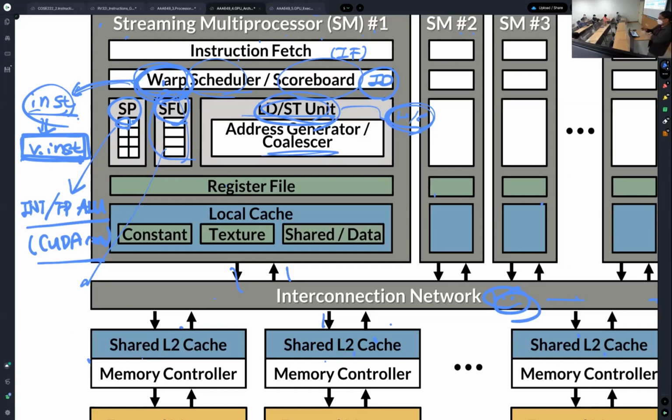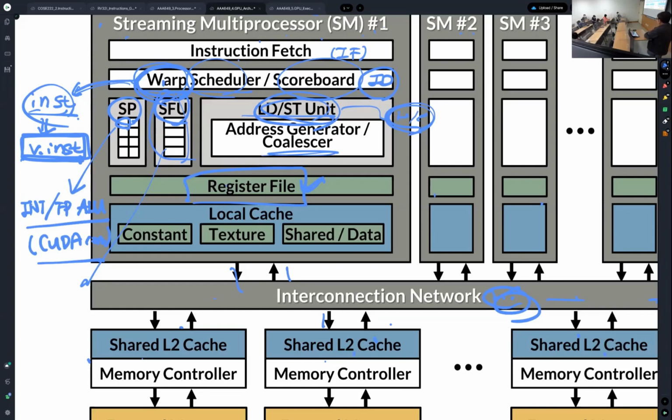Okay, and the register file here. I mentioned GPU also has a register file because GPU instructions have registers like CPU instructions.